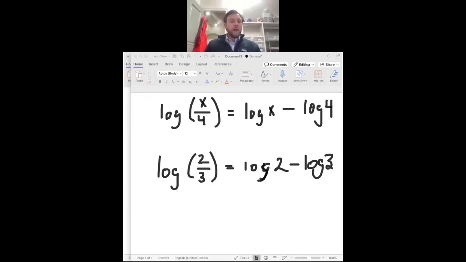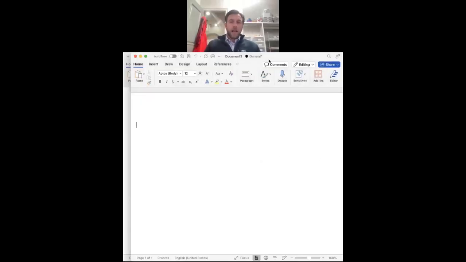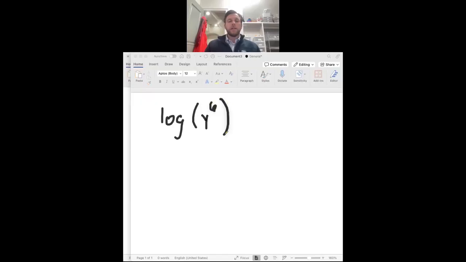Okay, and then finally, the last main property is the power rule. So the power rule says, sorry, my handwriting went bad. So let's take y to the 6th.